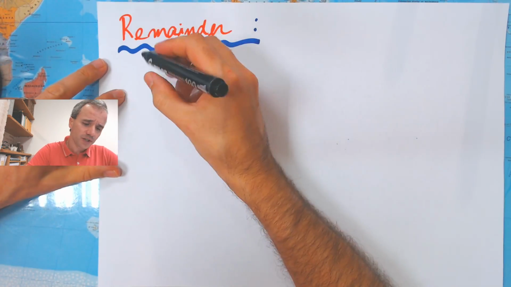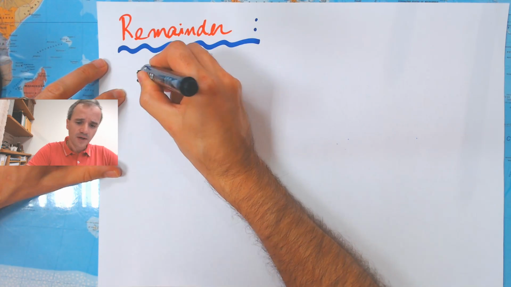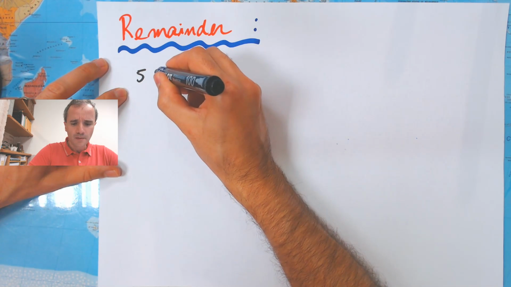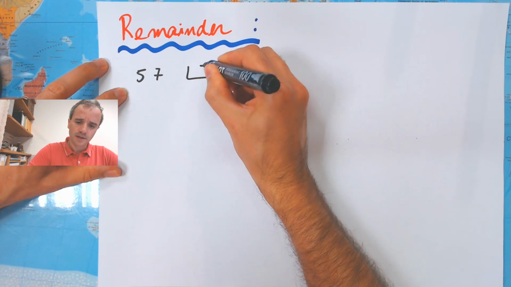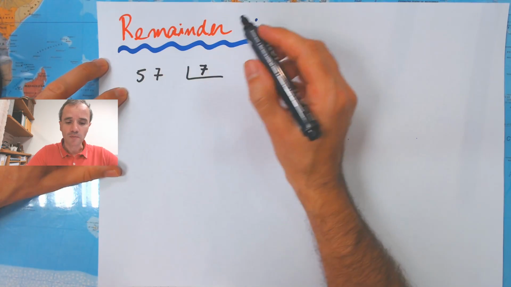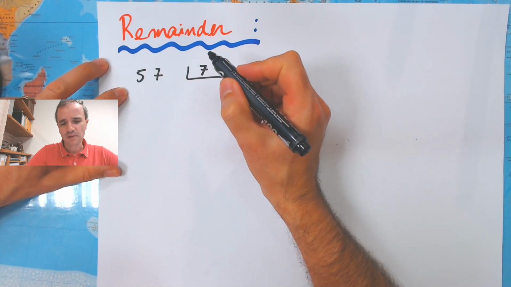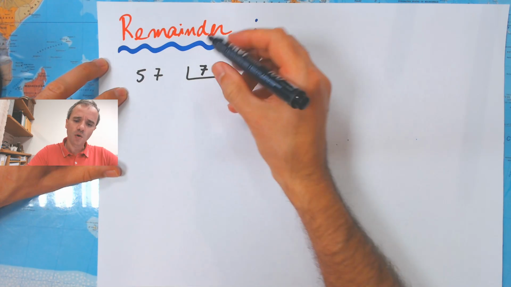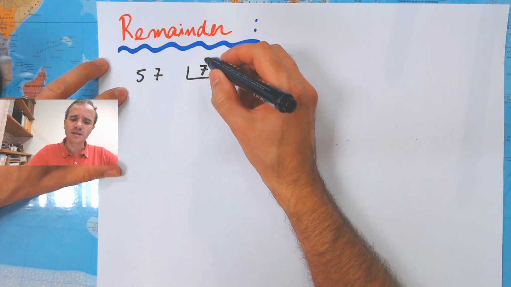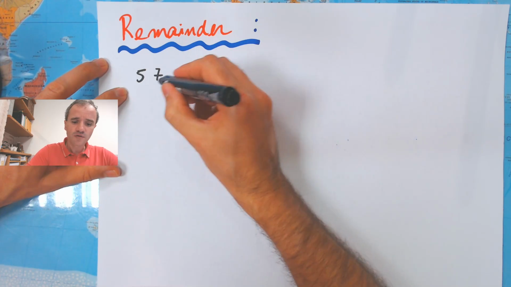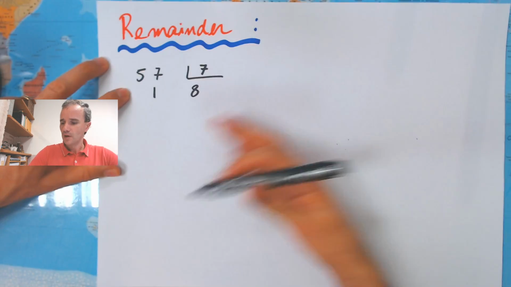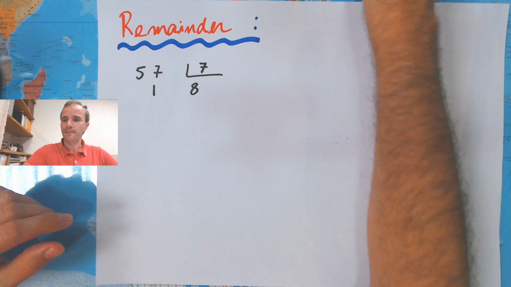Let's start, for instance, with 57 divided by 7, something simple. Well, 57 divided by 7 is going to be what? 8, right? 8 times 7 is 56, to 57, 1. So far, I'm going to stop right away.